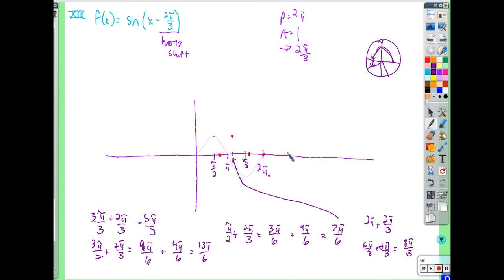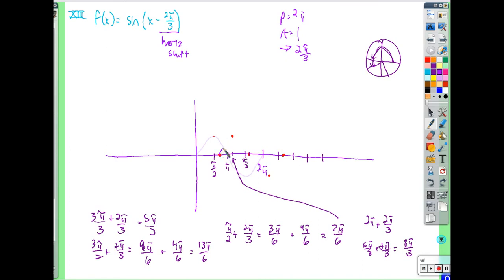Okay. Let's see, so this would be another pi over 2, pi, 5 pi over 2, and 4 pi. Or that would be 7 pi over 2. This guy is going to move, let's see, that's 2 pi, that's another pi over 2, and a little bit past that. Okay.